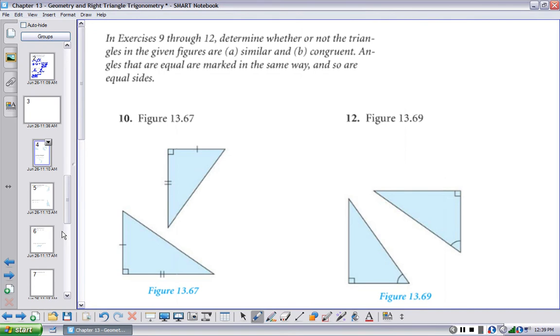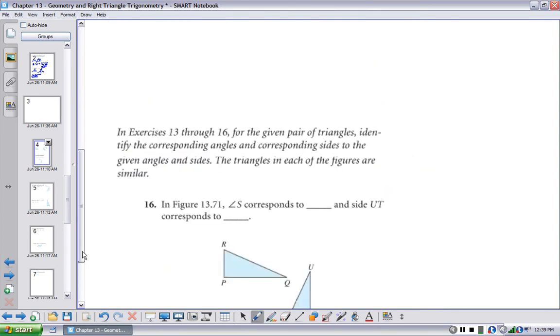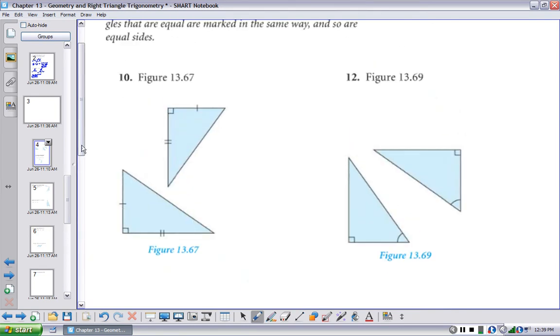All right. Let's look at these problems. It says, in these exercises, determine whether or not the triangles are similar or congruent, or neither. They may not be either similar or congruent. So let's look at these.